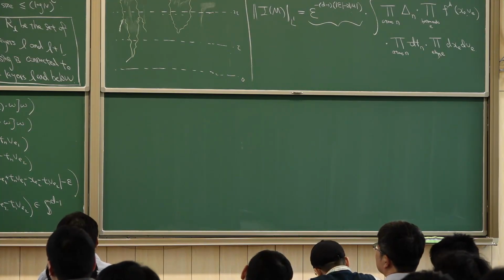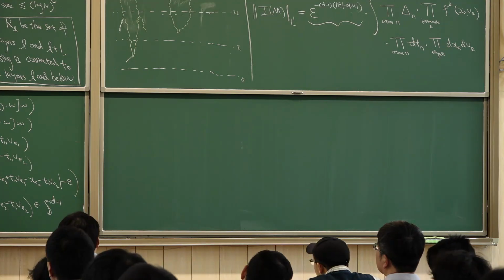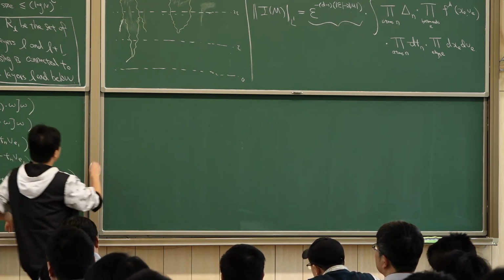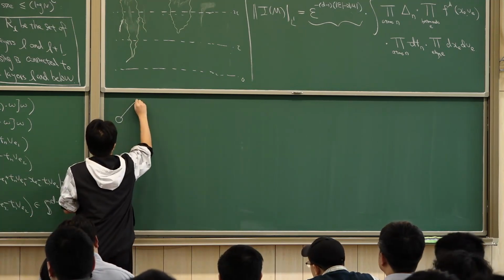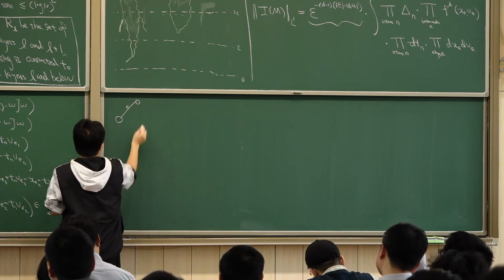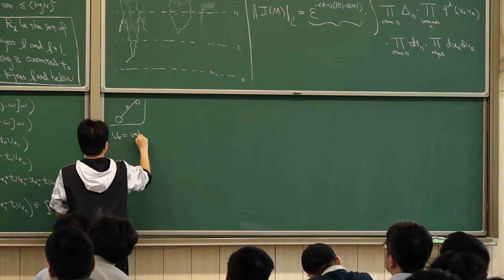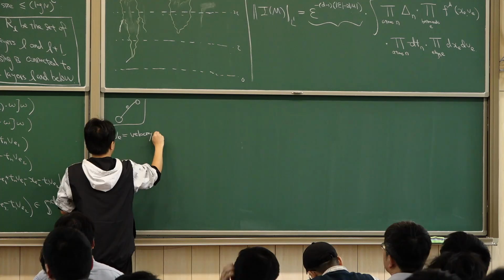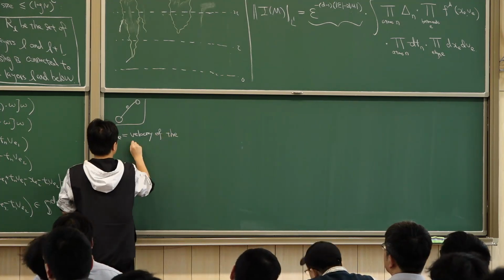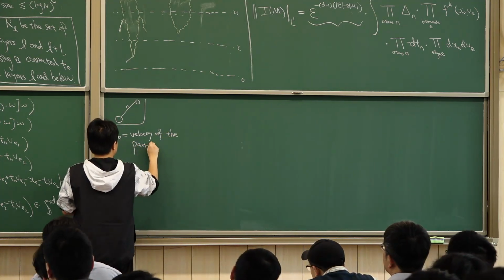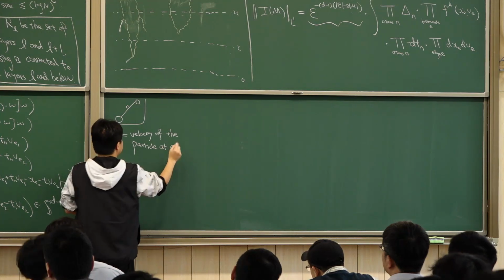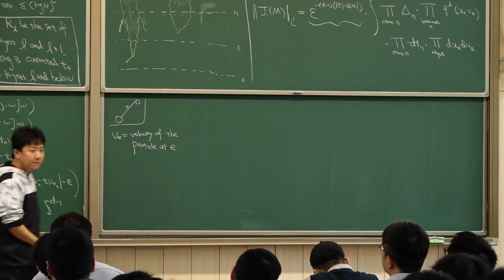So if the particle travels linearly, there is a unique, unambiguously defined velocity. So if E is an edge, then VE equals the velocity of the particle at E, a particle at E.